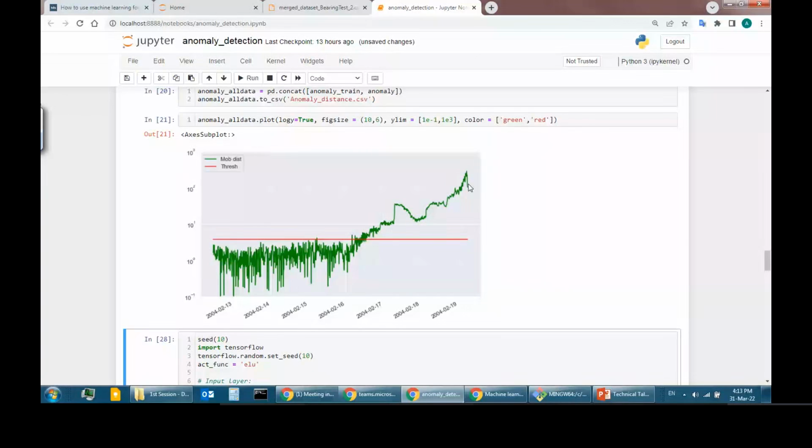So we could detect that there is something wrong 3 days before. A few days before it fails, you could say that something is wrong because the distances you measure are above the threshold. So that's the idea. If the distances you get are above the threshold, you can specify that please pay attention. Probably you have to do some maintenance.